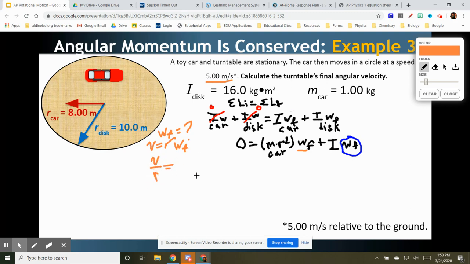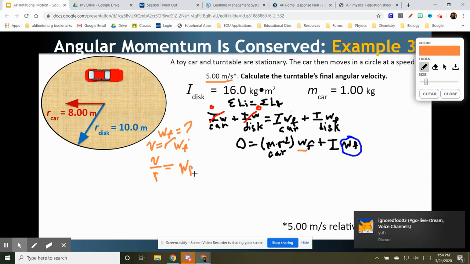Remember, we want radius from the pivot point. I remember doing these problems. I just had one of those awful high school flashbacks. You'll understand when you become my age. Where I was like, radius of the car or how big the car is? No, location from the axis of rotation.